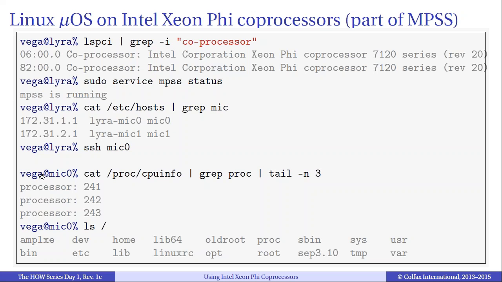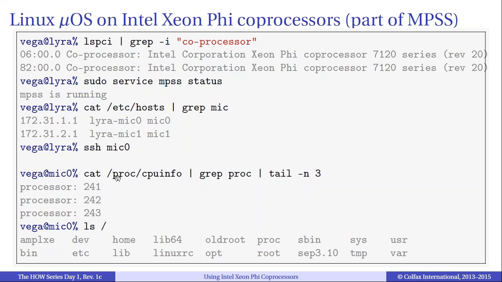So when I get logged in, you see the prompt changes from Lyra to mic0. And now I am inside of the operating system which runs on Xeon Phi. So Xeon Phi acts like a computer inside of a computer. It has its own operating system. It is a Linux. It has a kernel. It has a file system. It has all the normal components of it, like home with user accounts, etc with configuration files, bin with executables, and so on.